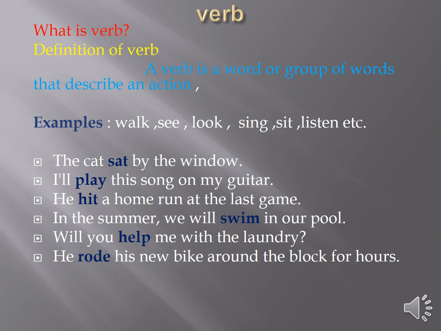If I am talking to you people, if somebody is walking, if somebody is running, if somebody is seeing, what they actually need to do, that is called a verb. Next one is: will you help me with the laundry? If somebody asks you for help and you become ready to help them, your help is going to be considered as a verb.